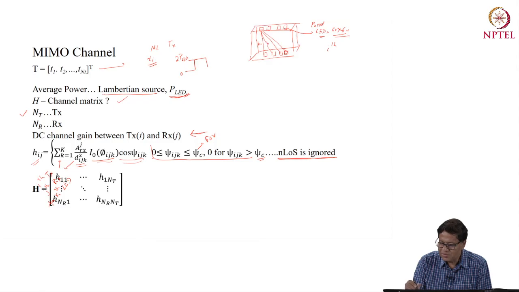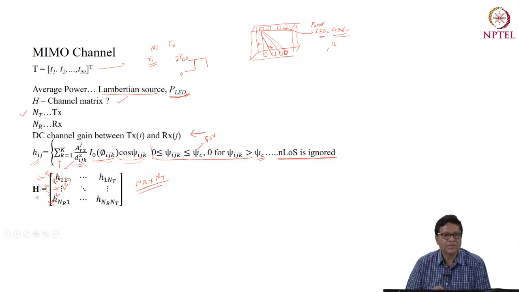This will be H12. So on and so forth. So you get a matrix which is NR cross NT matrix. So this is the channel matrix.